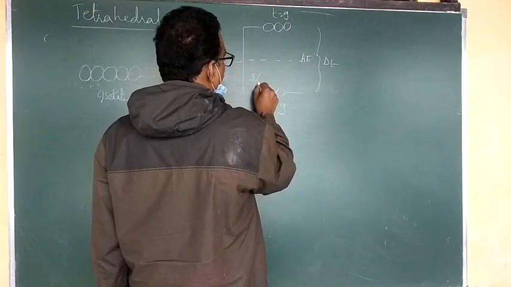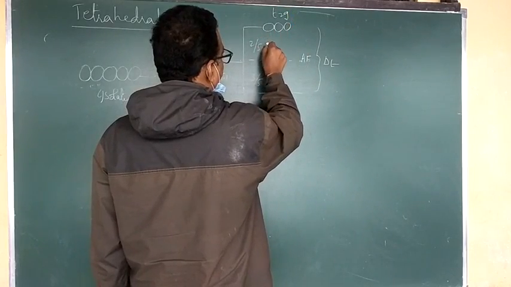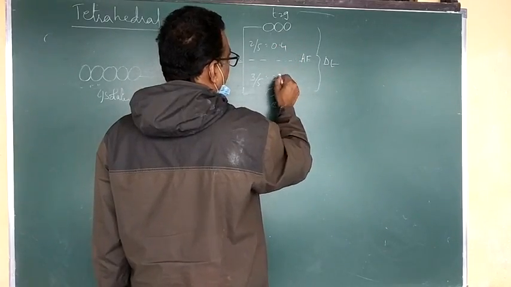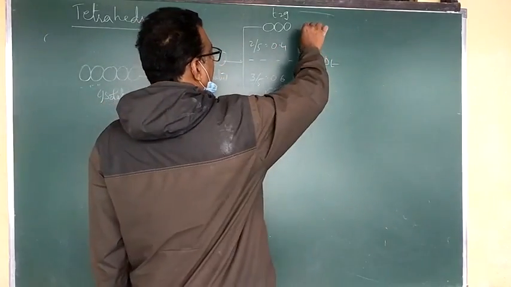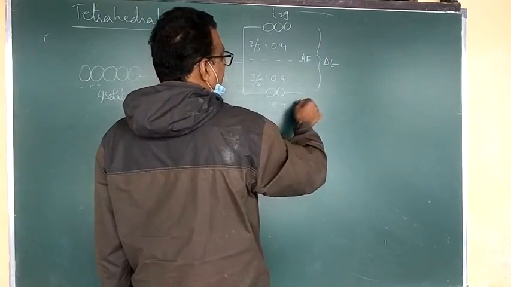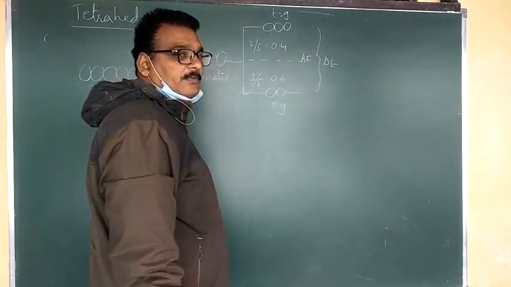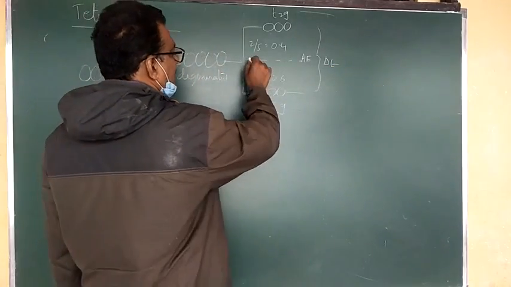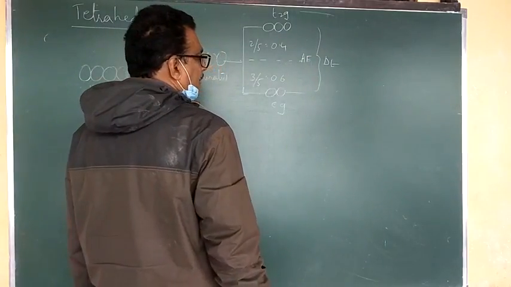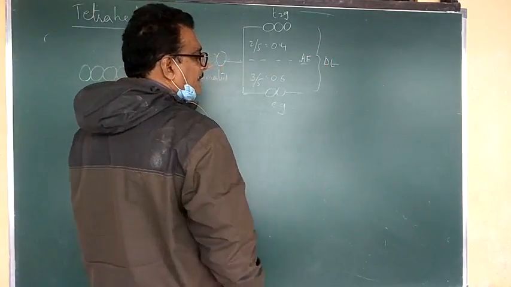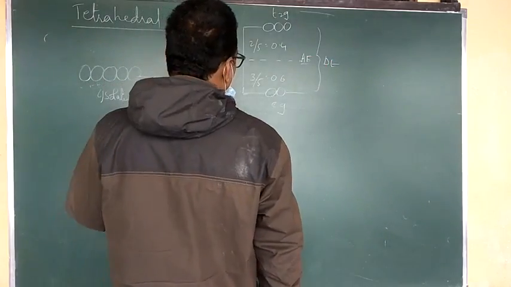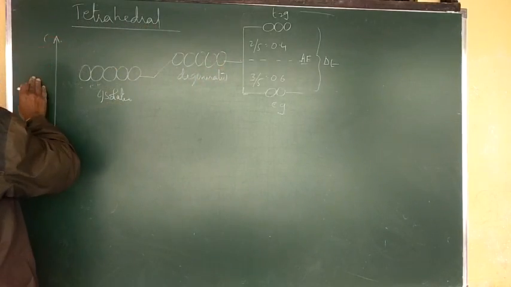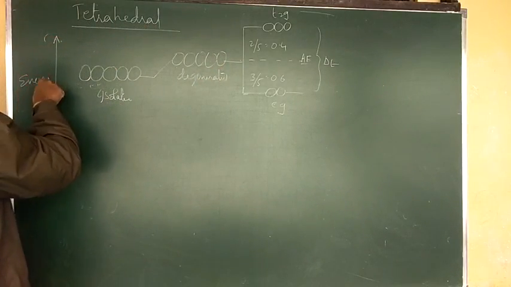Now this fraction is 3 by 5, this fraction is 2 by 5, meaning 0.4 and 0.6. Therefore, the difference between T2g and Eg is nothing but the crystal field splitting energy for tetrahedral complexes, called delta T. This is the average energy, the barycenter. From the bottom upward, the energy value increases.